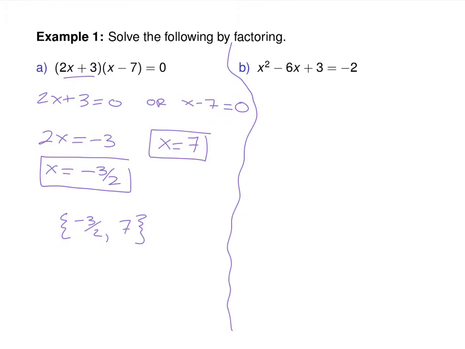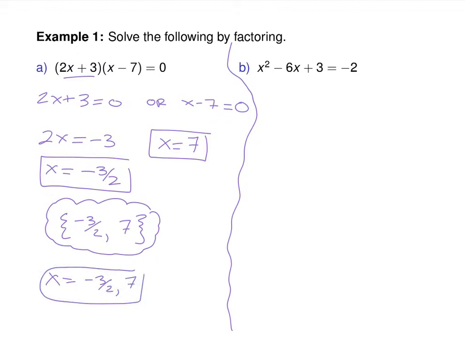Good question. Sometimes I had my students write x equals negative 3 halves, 7, just saying that x is both of those things. And they both work. When you plug negative 3 halves in, the first thing is 0 times whatever number that is, which makes 0, right? When you plug 7 in, the first expression is 17 times 0, which makes 0, so they both check out.